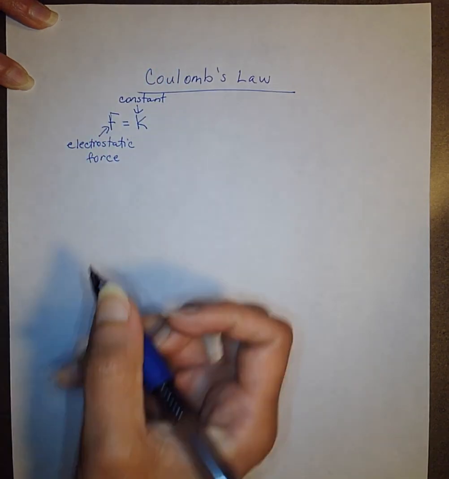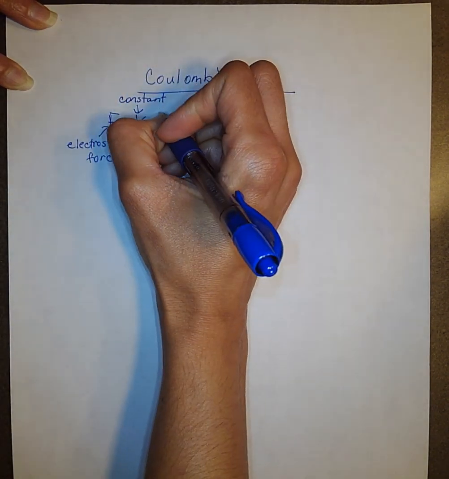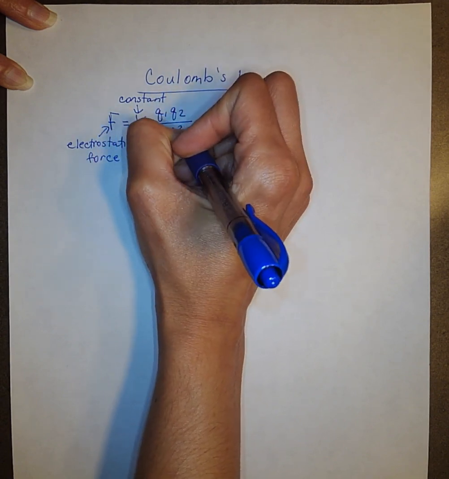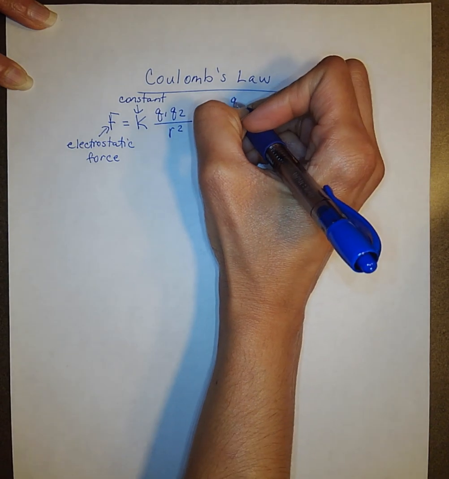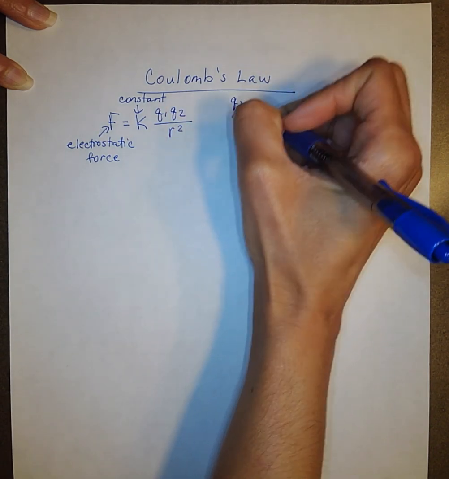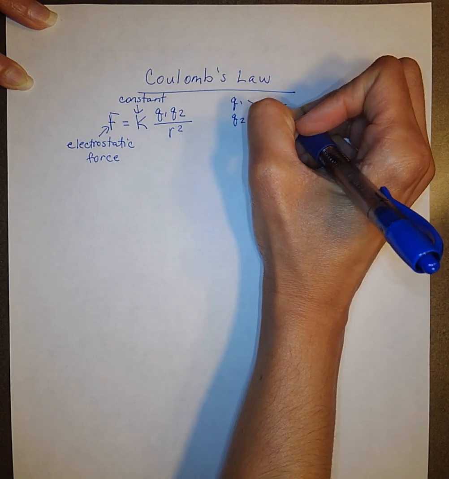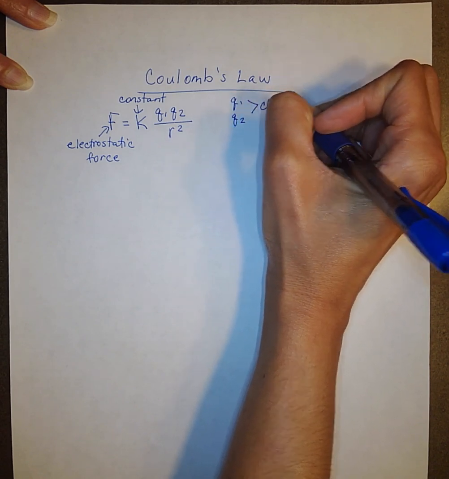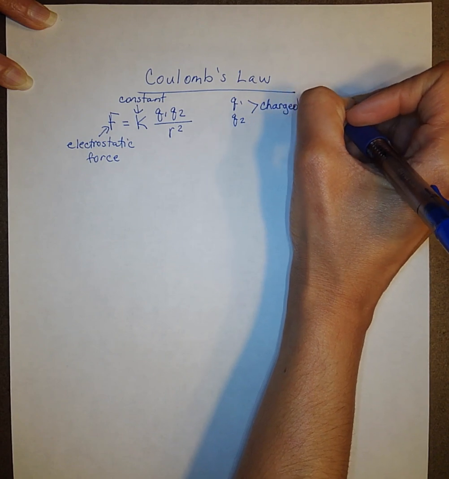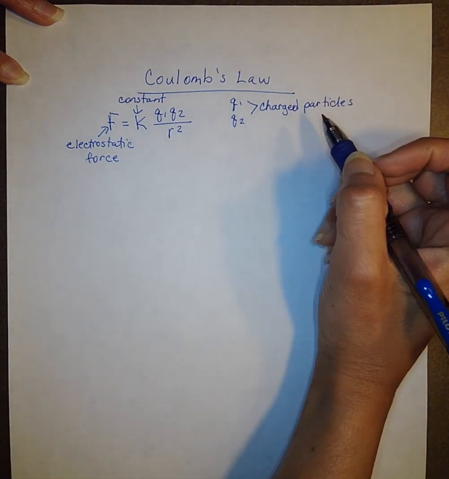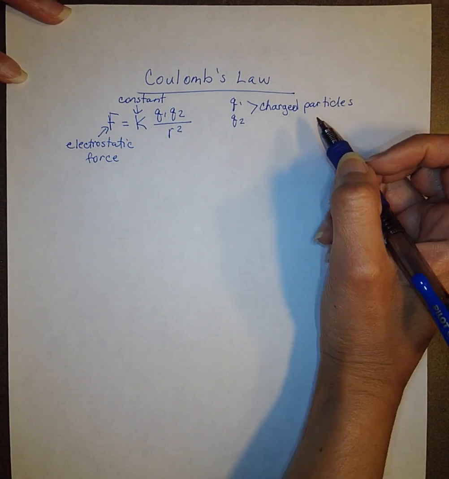And then it is Q1 times Q2 divided by R squared. Okay, so both Q1 and Q2 happen to be charged particles. Now whenever we think of charged particles, we think of positive and negative electrons. And that's exactly what we're thinking about.